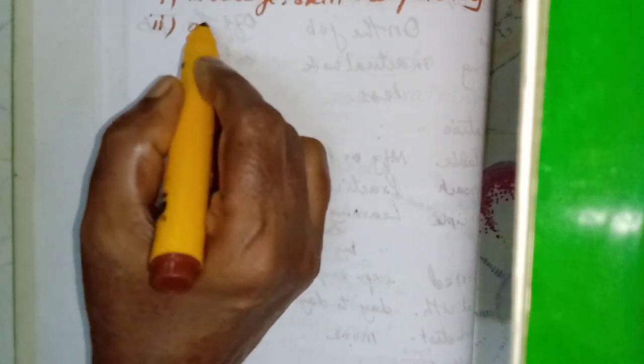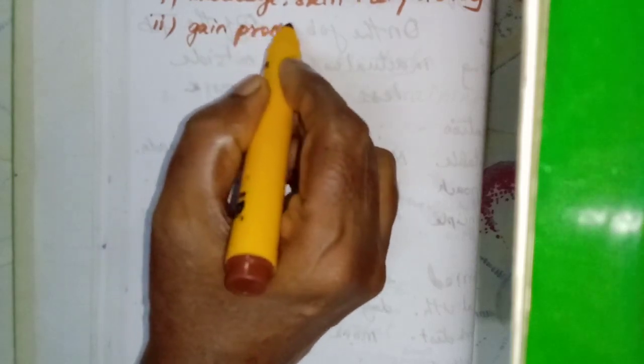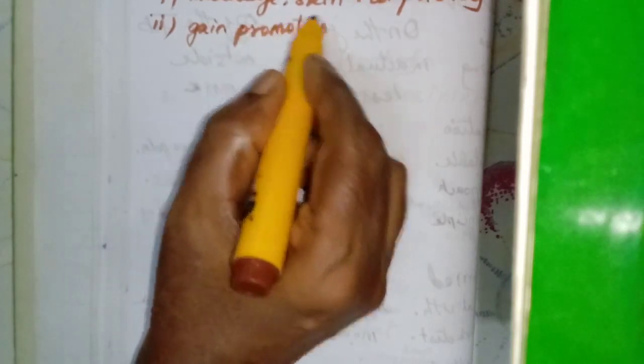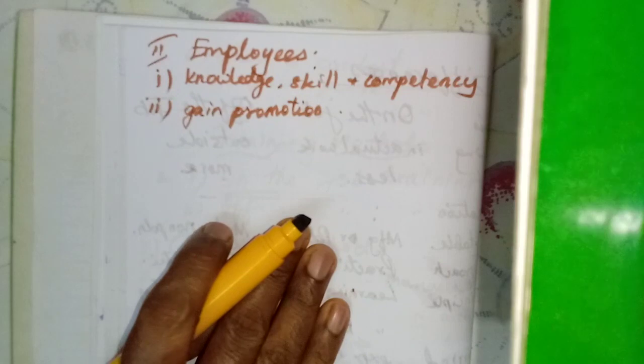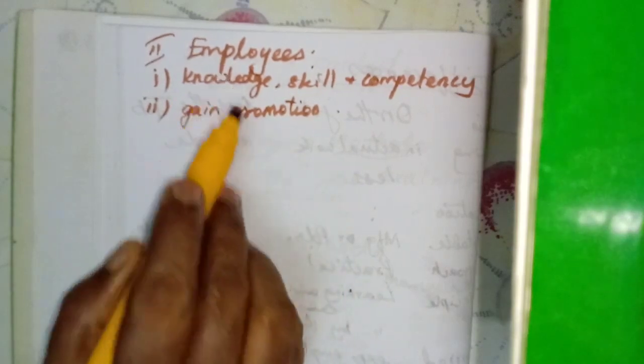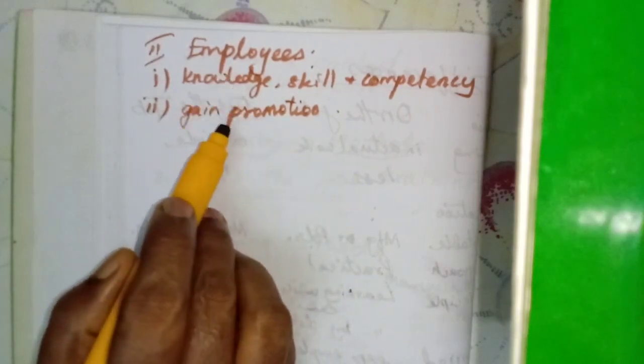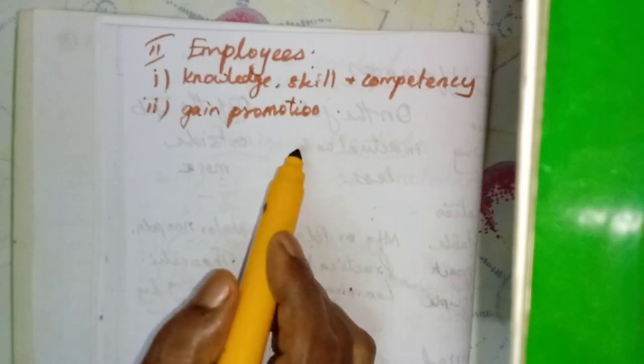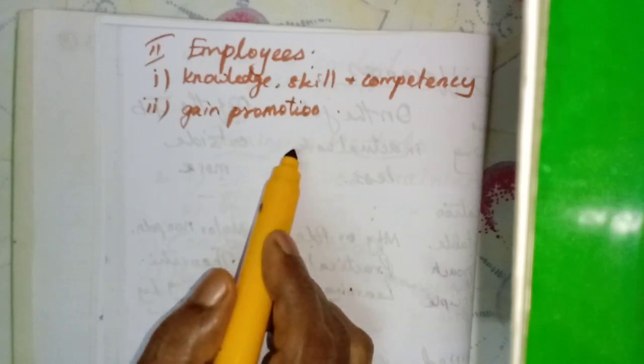And employees can get promotion. Without giving training, they cannot learn the job easily. Since they are given training, how can they gain promotion? They are well versed. They know the job very well.